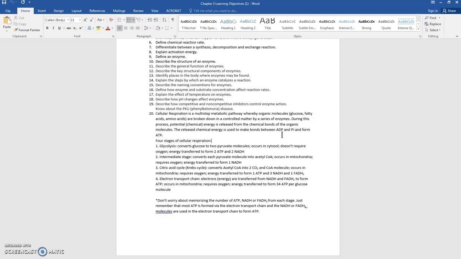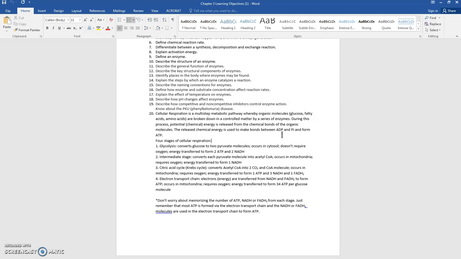And what those chemical reactions are doing are taking organic macromolecules like glucose, which remember is a carbohydrate, fatty acids, those are the components of lipids, and even amino acids, but not as often.